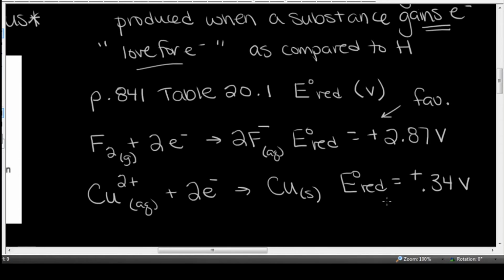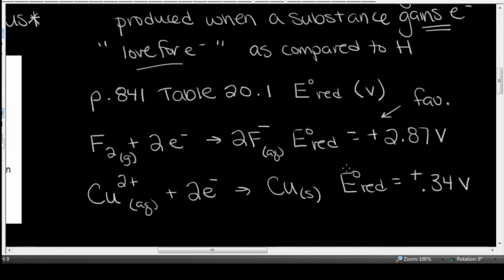Okay. So if I was comparing these two reduction potentials, I would say that fluorine wants 2 electrons more than copper 2 plus wants 2 electrons, because the fluorine has a larger reduction potential. Now again, remember these are as compared to hydrogen. So this is as if hydrogen was providing these electrons.